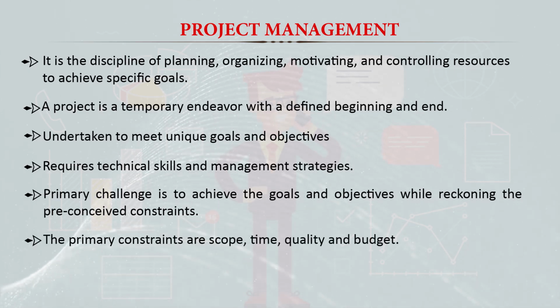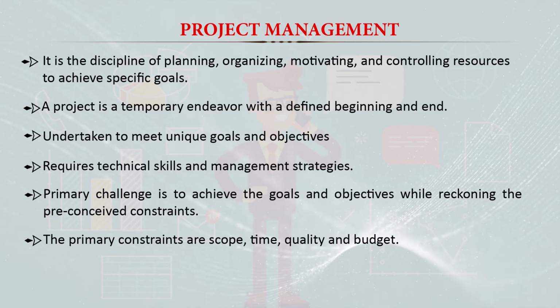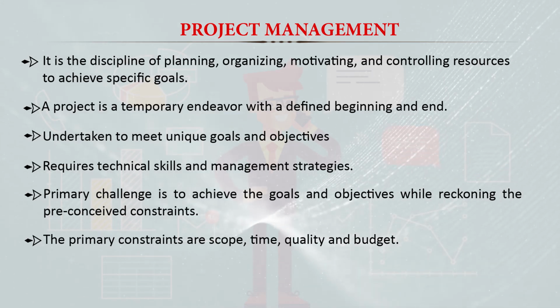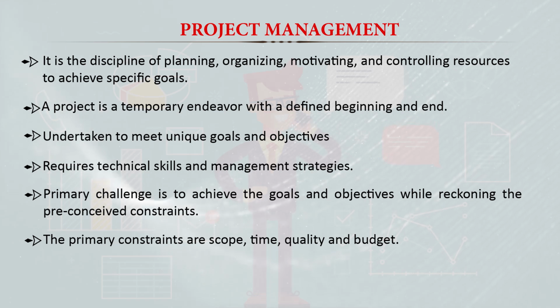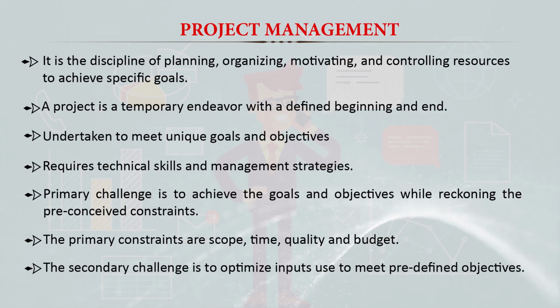The primary constraints generally are the scope, because the scope is defined, time is given, and budget is also given, and within this framework, within these constraints, we have to achieve the quality of the product from the project activity by project management. And secondly, the challenge is to optimize the input used to meet predefined objectives. So we have to optimize the resources available to meet the predefined objective.